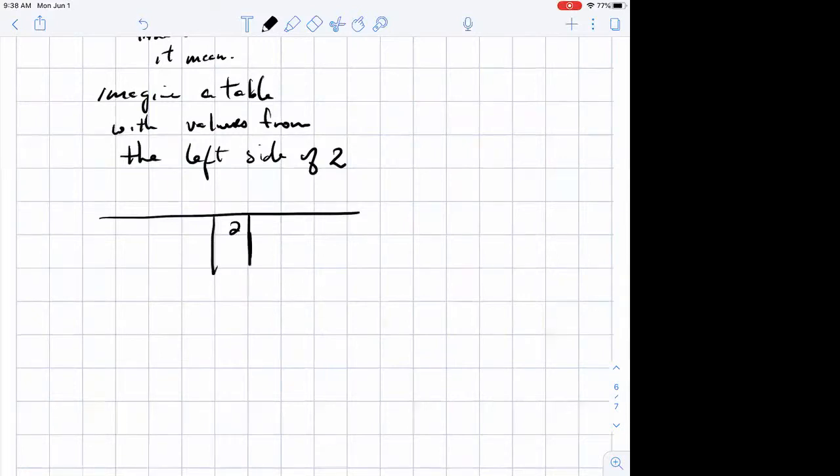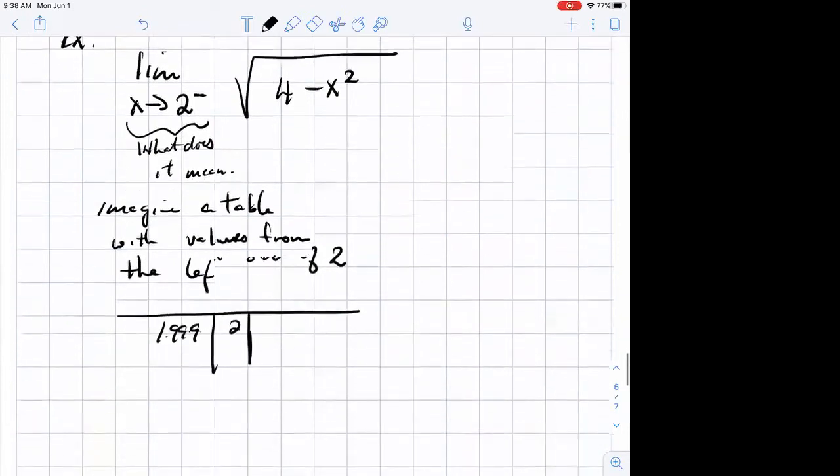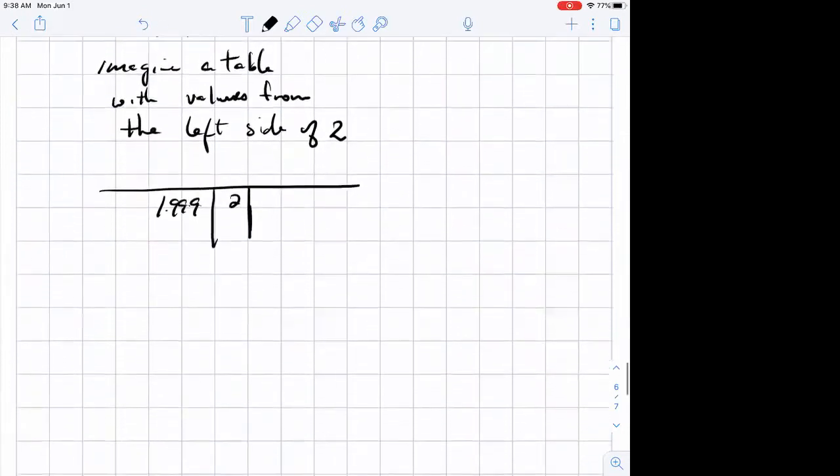What is a number close to 2 on the left side? 1.999, yes. So try that value. Try 1.999, and you can try 1.99 and see what happens.